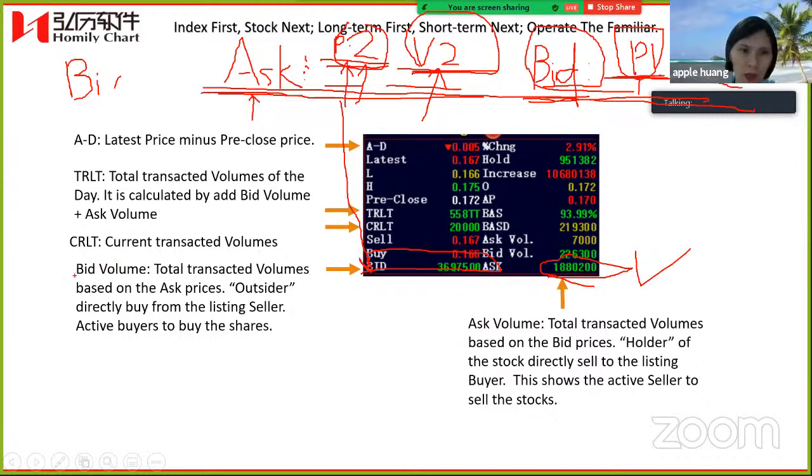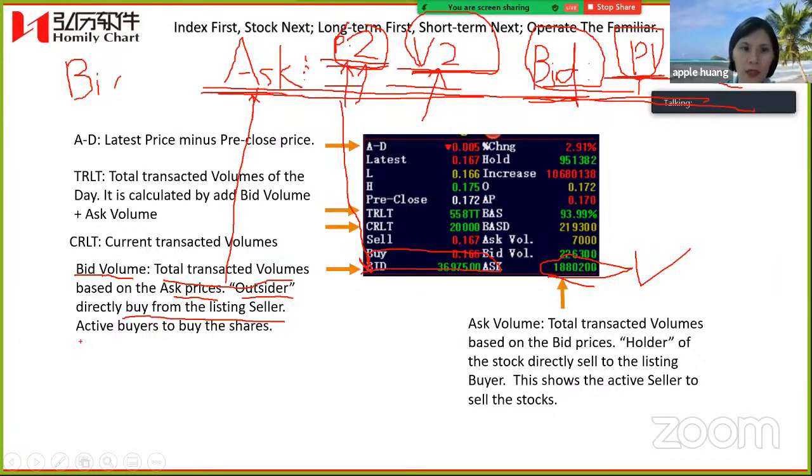So let's look at the definition. Bid volume is the total transacted volume based on the ask price. So those outsiders buy directly from the listed seller, willing to buy at the ask price.